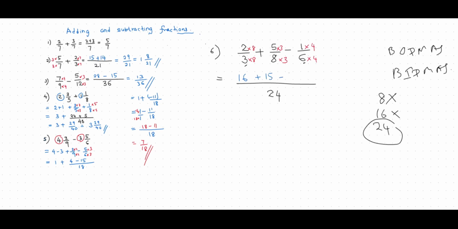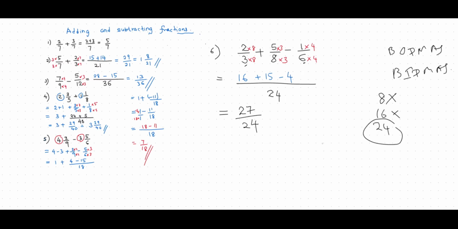Now there's no order. You can add these two and subtract 4, or first subtract 4 and add it to the 16. The result is 27 over 24.